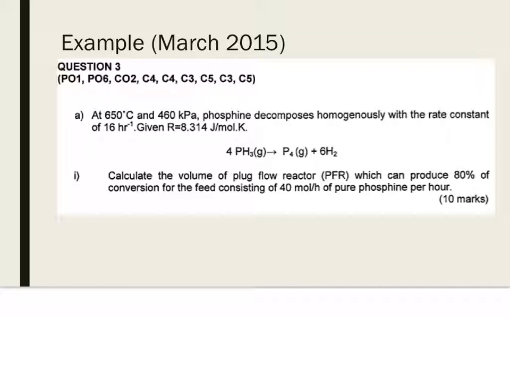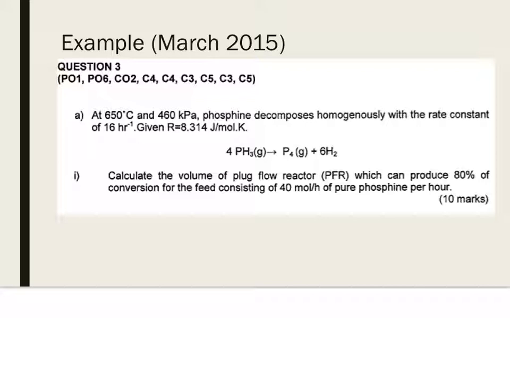This is an example from past questions, March 2015, question 3A. The question statement says that at 650 degrees Celsius and 460 kilopascal, phosphine decomposes homogeneously with a rate constant of 16 per hour. Given R gas constant equals 8.314 joule per mole Kelvin.